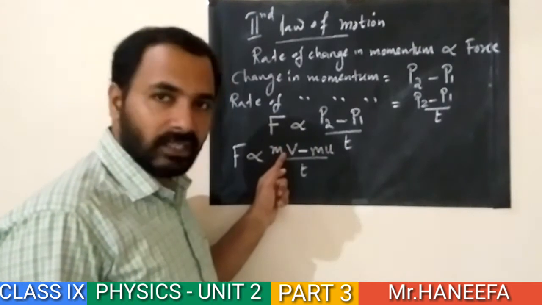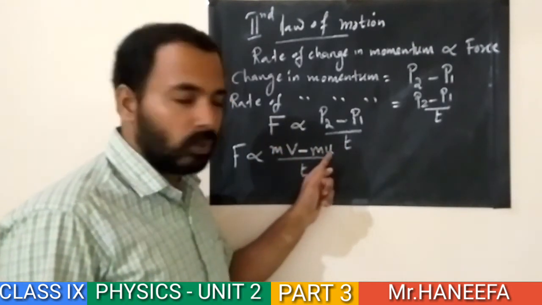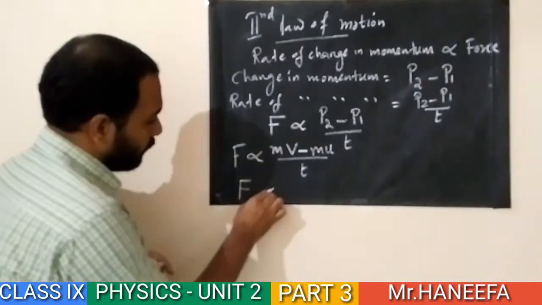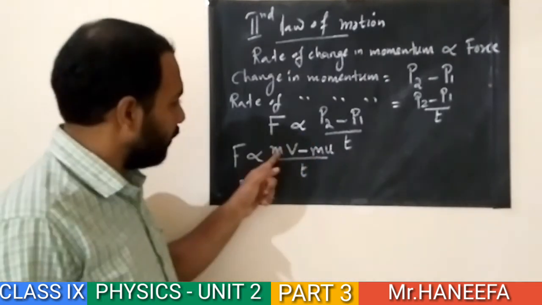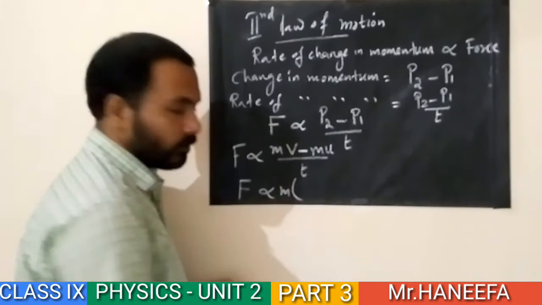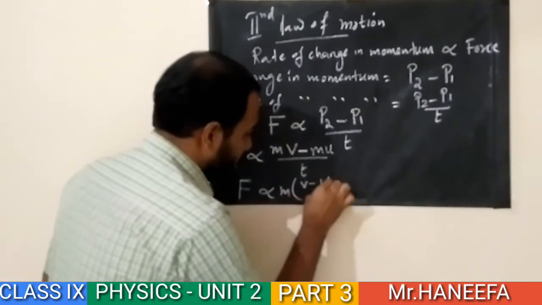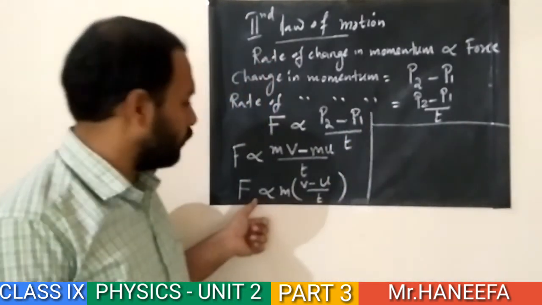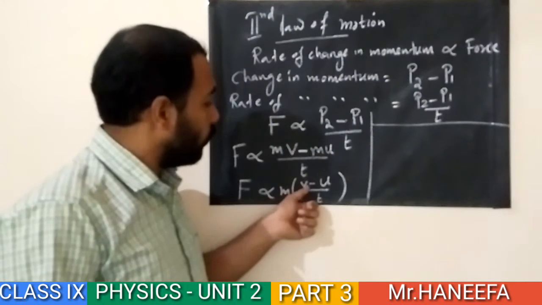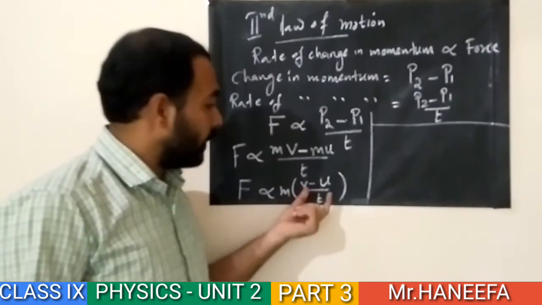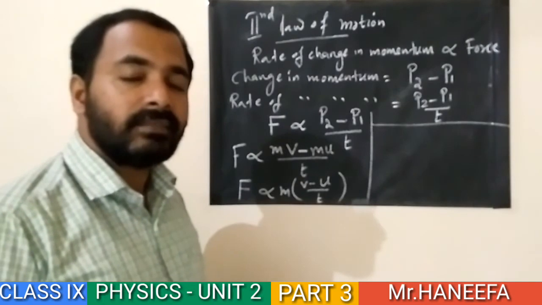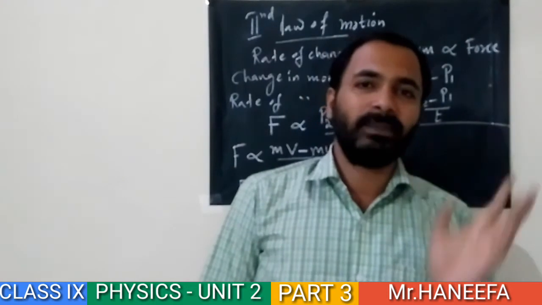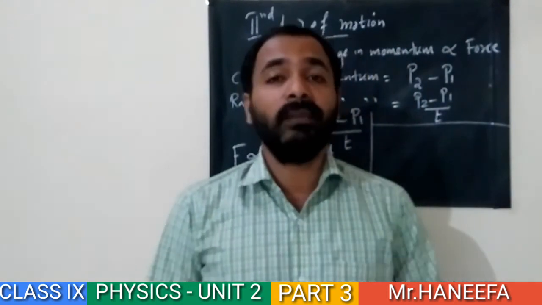Final momentum mv minus initial momentum mu, and rate means divided by t. That is F proportional to. So m is common: m into (v minus u) by t. F proportional to m into (v minus u) by t. What is (v minus u) by t? That is called acceleration, which we discussed in the previous class. a equals (v minus u) by t.